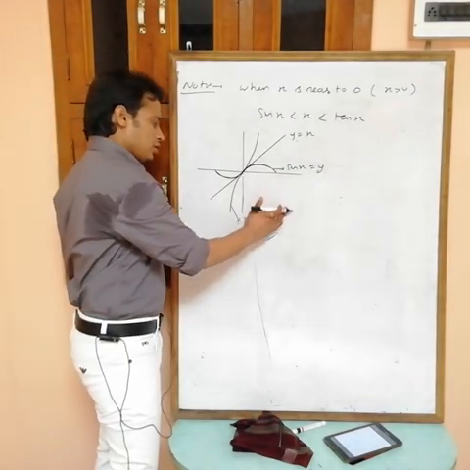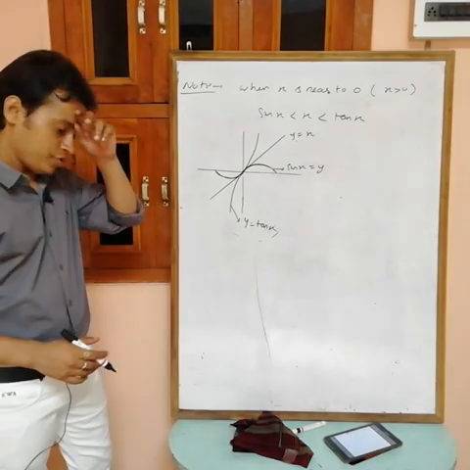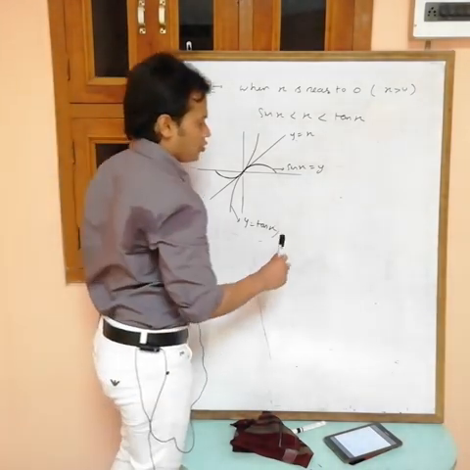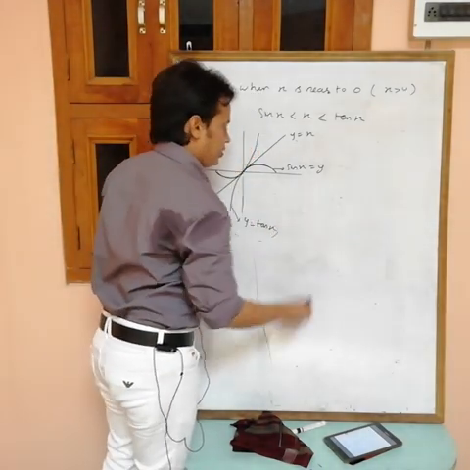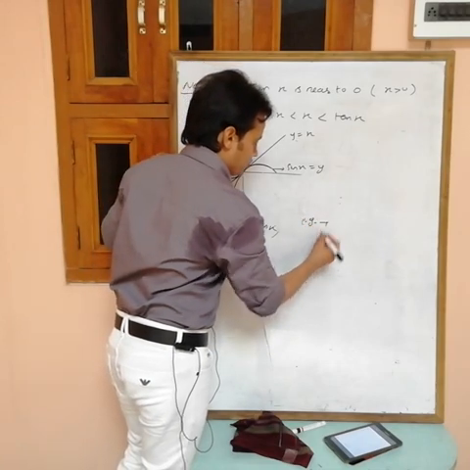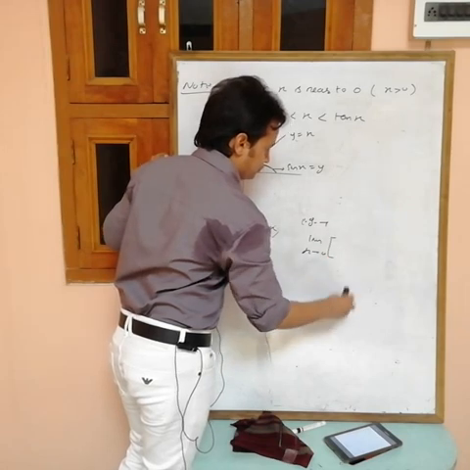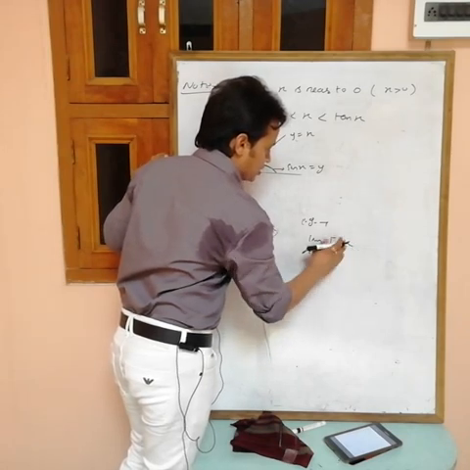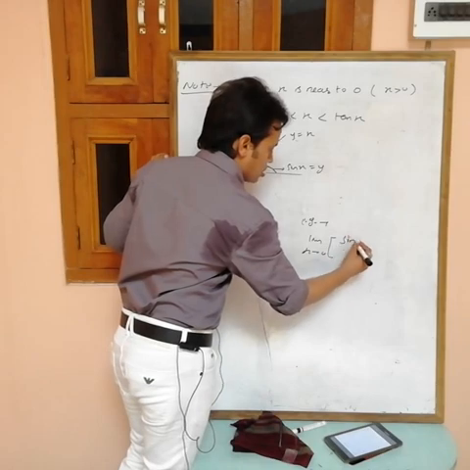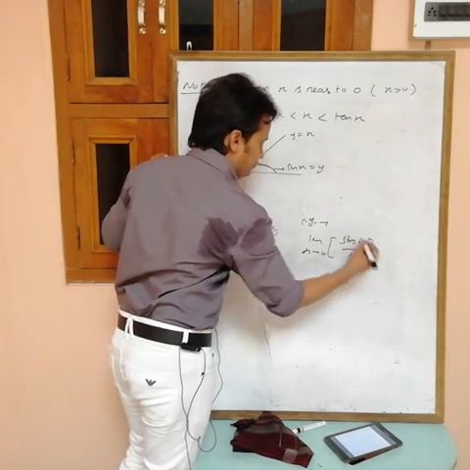Now you can use this in questions of this type. See, an example based on this one: limit x tending to 0 of the greatest integer of sin x by x.